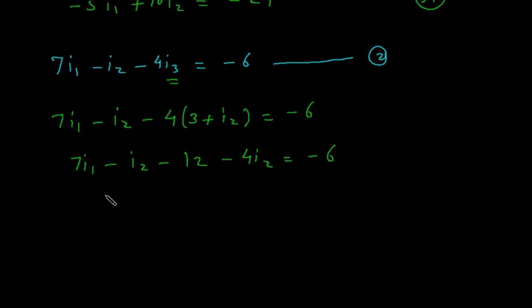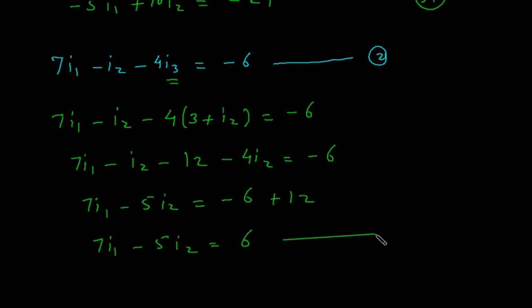So, this will be 7I1 minus 5I2 is equal to minus 6 plus 12, which is 6. Let's say this is equation number B.